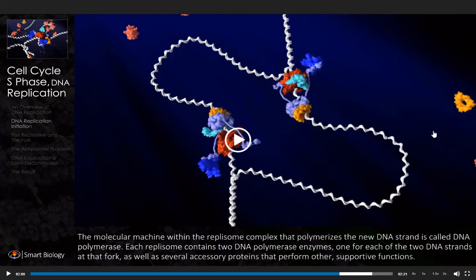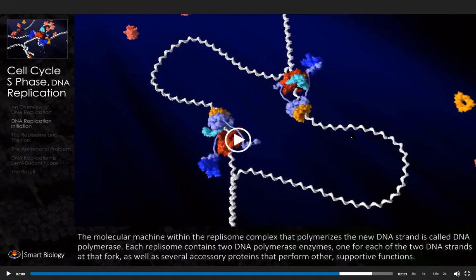And what this beta clamp does is it's capable of binding to a vast number of proteins. So it's also called a tool belt. If you can imagine construction workers or a plumber who comes to your house to repair things, they tend to have a belt which has many different tools in them, right? I'm sure you've seen that.